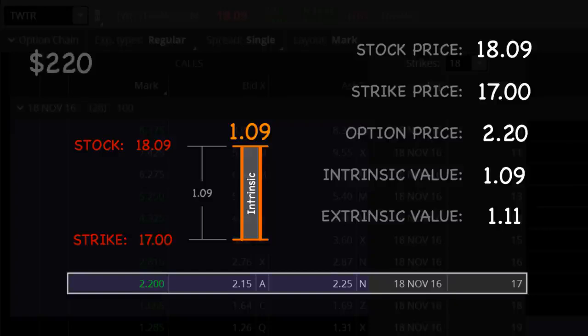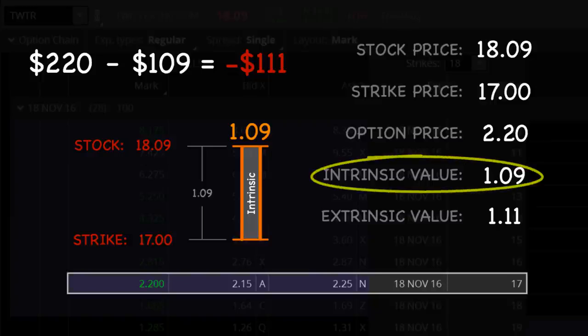So in this case, we paid $220 and sold it for $109. So our net loss would be $111 and the stock didn't even move. For us to have made money on this call option, Twitter stock would have had to move high enough for the intrinsic value to exceed the premium we paid for the option. So, for example, we paid $2.20 for the 17 strike call.